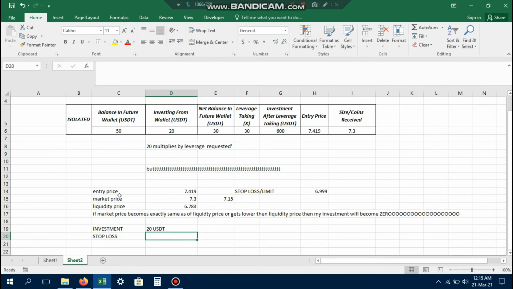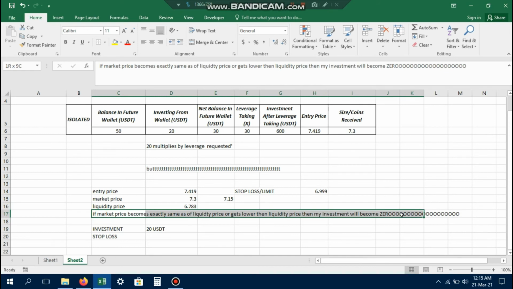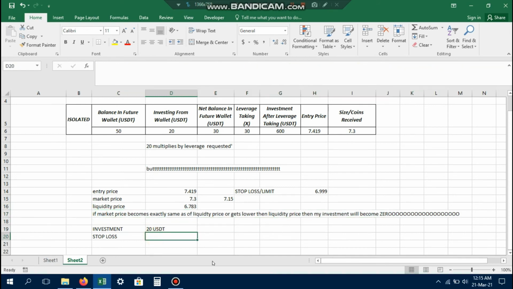That if the market price comes to this extent, so please take me out of the trade so that I don't have zero in my wallet. At least I would be having some investment after coming out of the stop loss. Now it can be, for example, you come out of the trade and you have just 8 USDT.